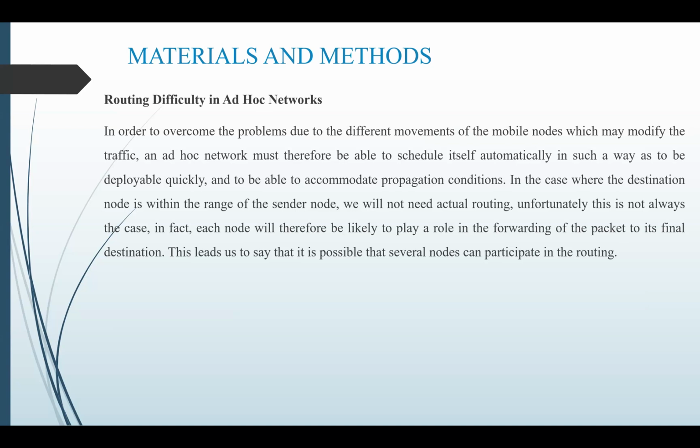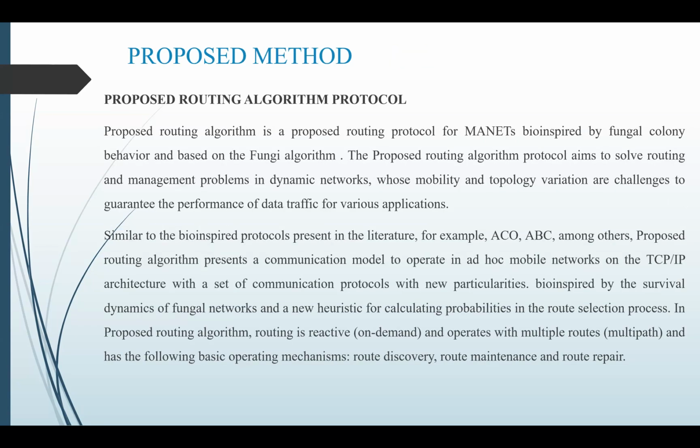Unfortunately, this is not always the case. In fact, a node will be likely to play the role of forwarding the packet to its final destination. This leads us to say that it is possible that several nodes can participate in this routing.